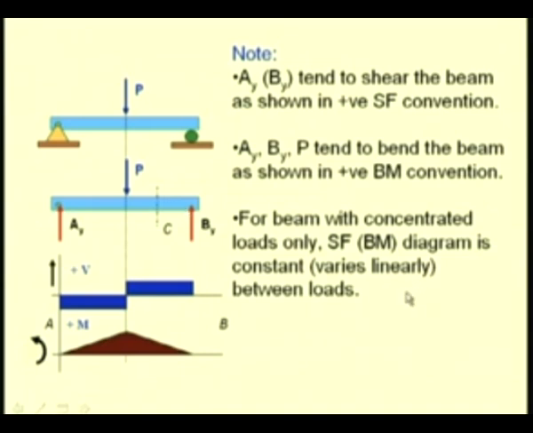So, these behaviors can be used to plot the shear force and bending moment diagrams conveniently by determining the values of shear force and bending moments at locations where we have concentrated loads, and in between we can plot using these behaviors, that is the shear force remains constant and bending moment varies linearly for these concentrated loads.